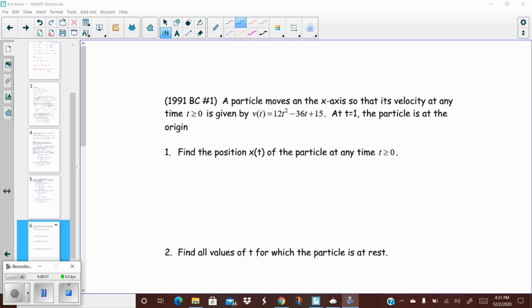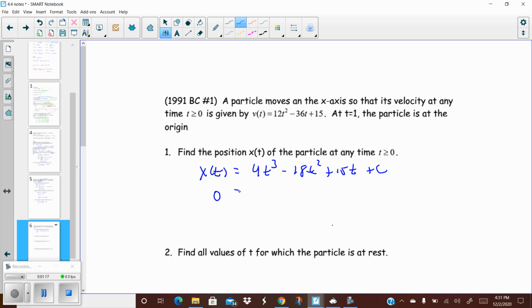So we can say that x of t is the antiderivative of velocity, so 12t squared is going to be 4t cubed, minus 18t squared, plus 15t, plus some constant c. And then it says at t equals 1, the particle is at the origin, meaning that the value is 0.